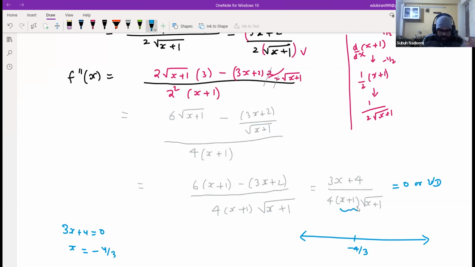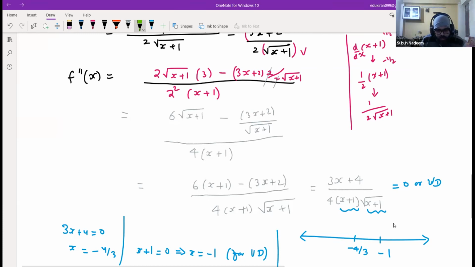And when x plus 1 will be equal to 0, either here or here, both are x plus 1, that is x is equal to minus 1. Then it is undefined. This is for 0, this is for undefined. x is equal to minus 1.